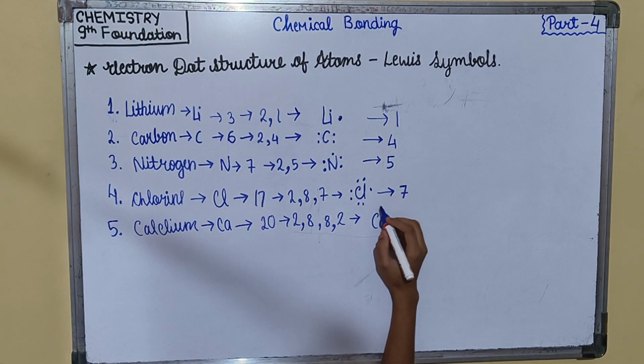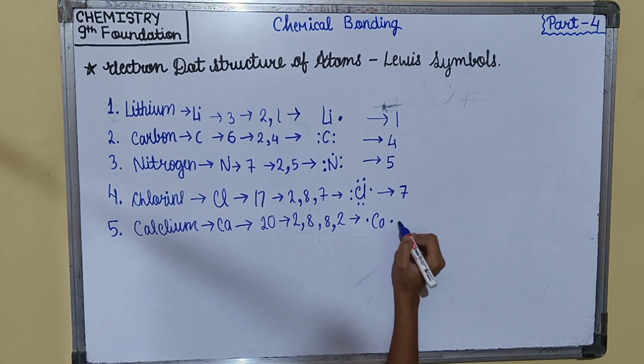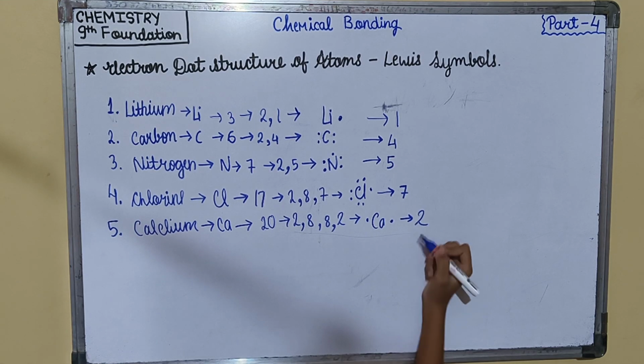And the representation would be like this, because the electrons in the valence shell is 2. And remember, while writing the Lewis symbols, ignore the inner shell electrons. You only have to take the outer shell, the valence shell electrons.